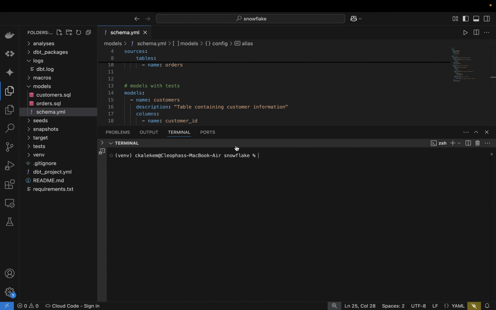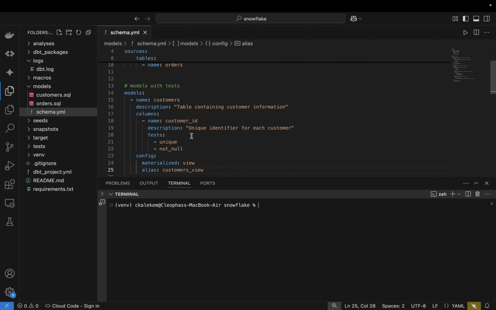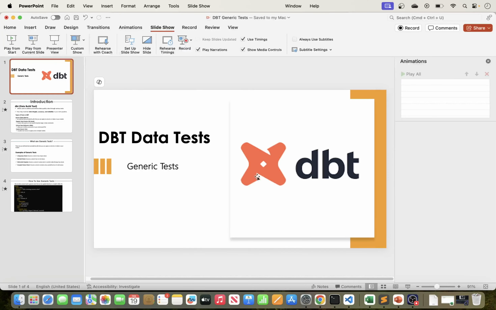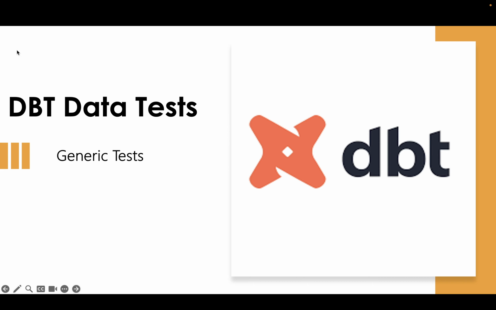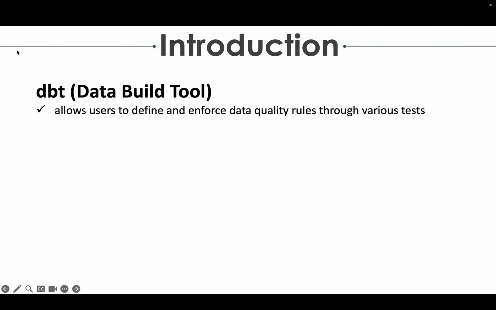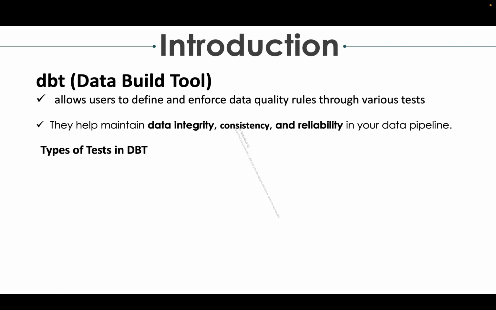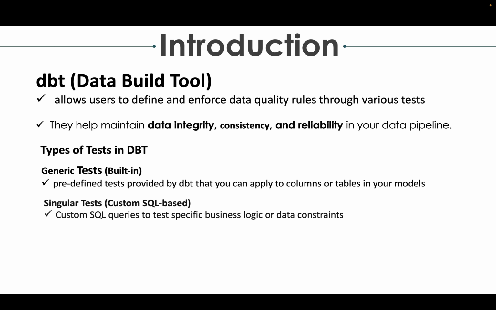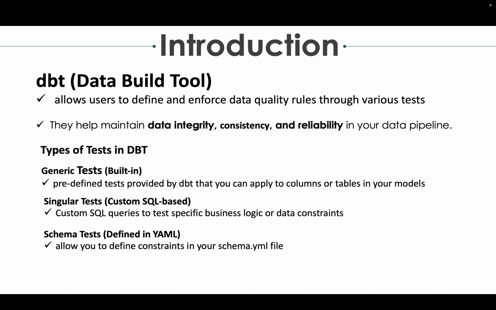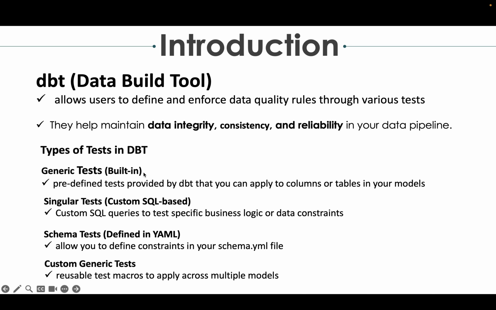Alright guys, so that's how you implement dbt tests in your dbt models and test data in your data warehouse. Again, I went through a very high level overview of what dbt tests are and how you can implement them in dbt with one of your data warehouses. In this case, we used Snowflake, and again, I mentioned that we have a number of dbt tests, and in this video we went through generic tests, but we do have some other tests that you can perform in dbt.